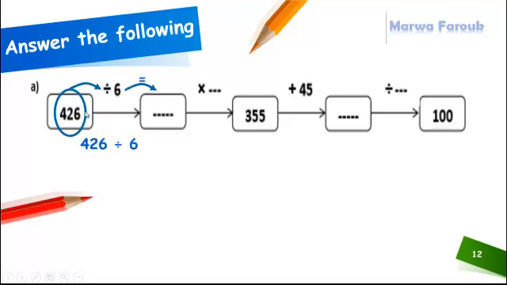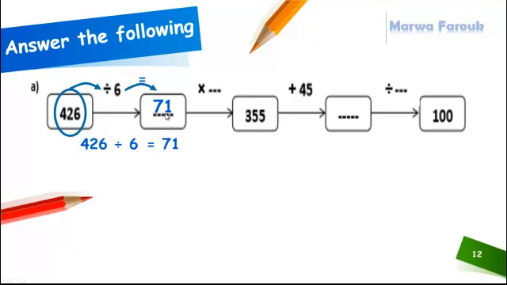So we got 426 divided by 6, and I have to put the quotient, or the result, here. 4 divided by 6 can't be done, so we are going to make 42 divided by 6 equals 7. And now the rest is 6. So 6 divided by 6 equals 1. So we got 71, and we are going to write 71 here.